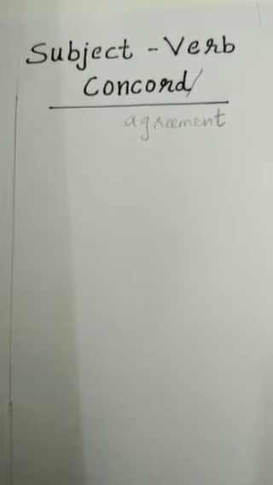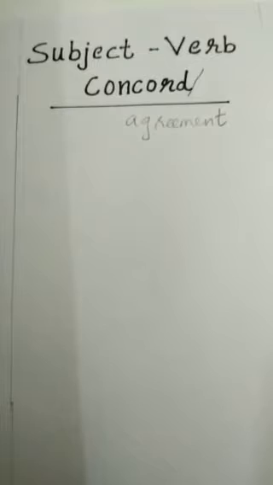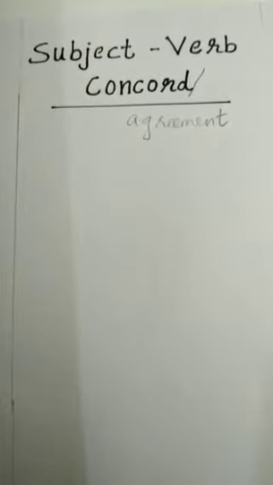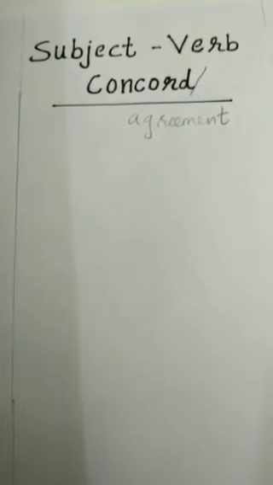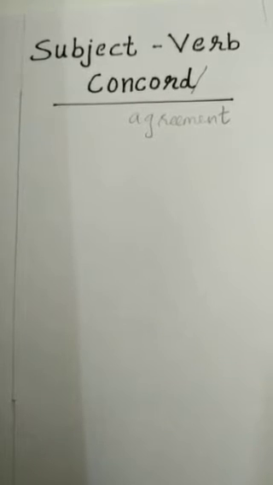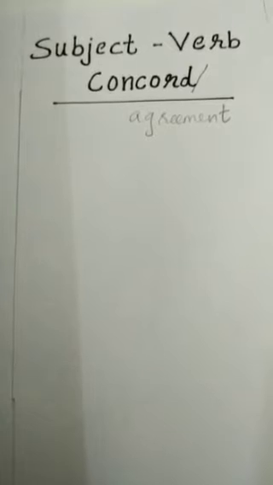Before telling about subject-verb agreement or subject-verb concord, let me tell you what is subject and verb in the sentence, and how to identify subject and verb in the sentence. Ready? What is a subject in the sentence?